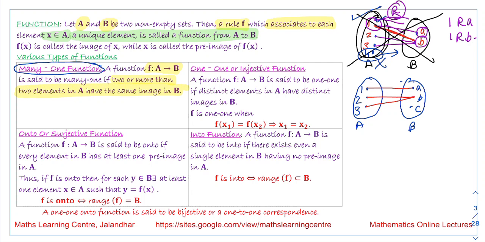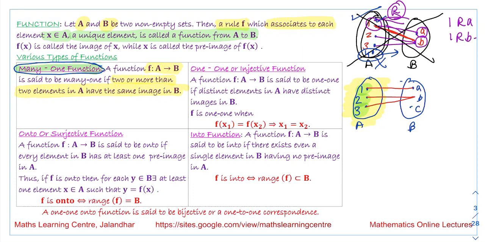Why? Because every element in A has an image, and every element in A has a unique image. It is not like 2 has two images, like b and c.